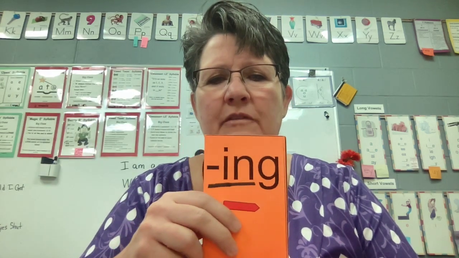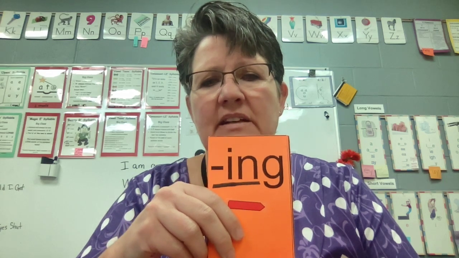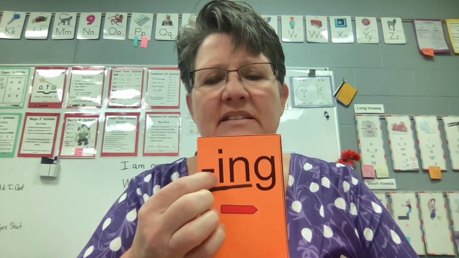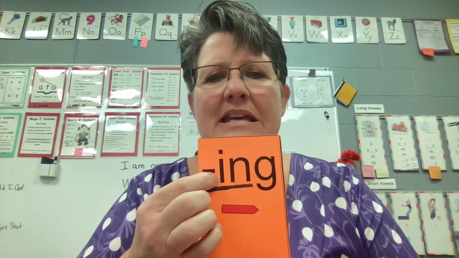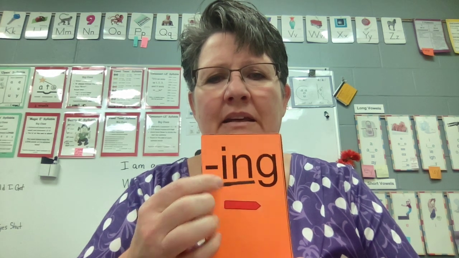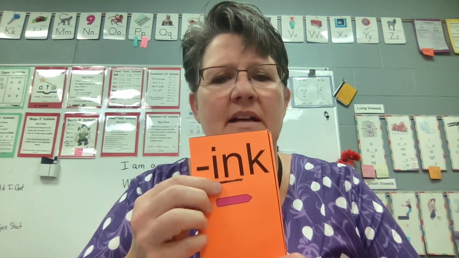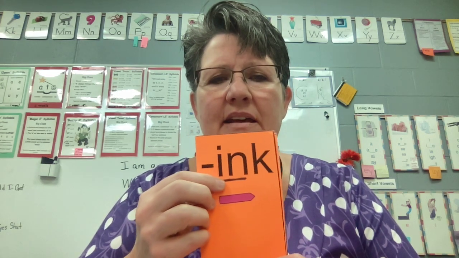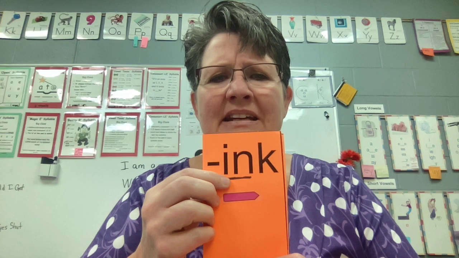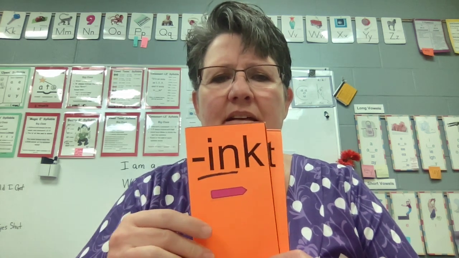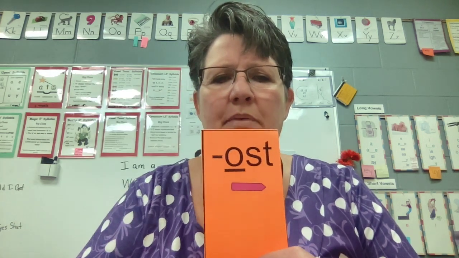This one right here, ing. Remember we talked about this one before. This is a suffix at the end of a word. This I is not saying I. It is saying ing, ing, ing. This one is the same thing. It's not saying the I. It's saying ink, ink, ink, like drink or pink.